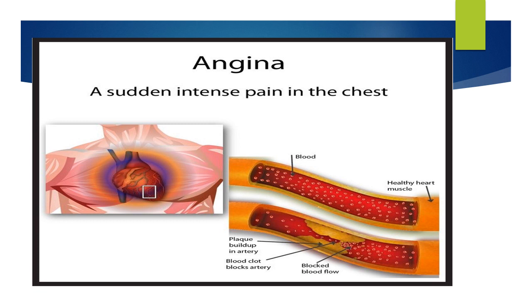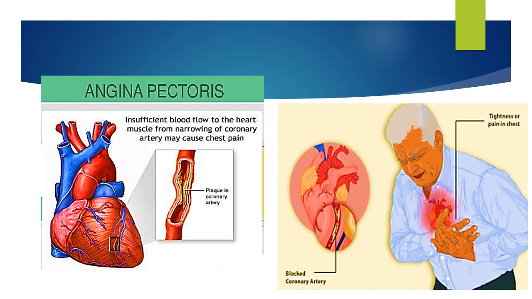The picture above shows the normal flow of blood through the arteries, whereas in the second picture below, you will see a buildup of plaque which narrows the lumen and causes a hindrance or blockage in the artery, not allowing an adequate amount of blood to flow through. The patient ends up with this condition called angina pectoris.